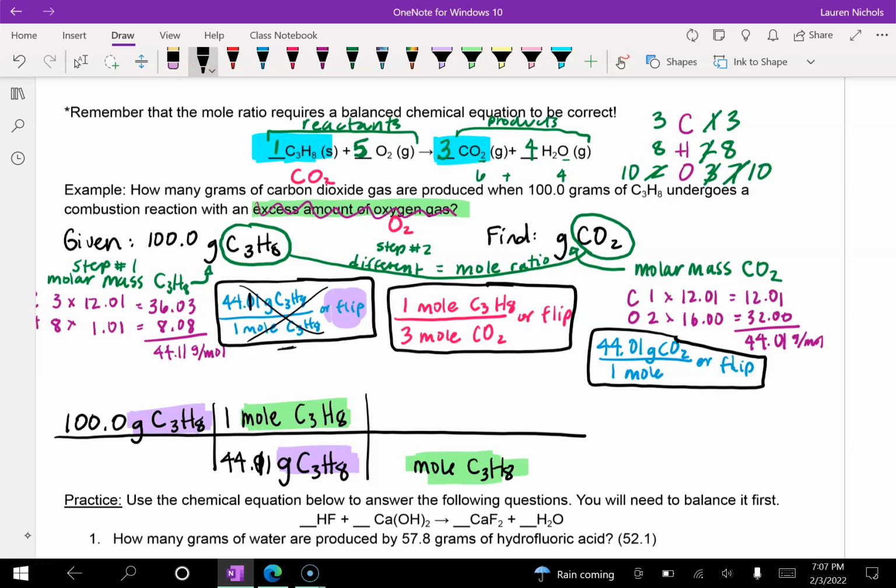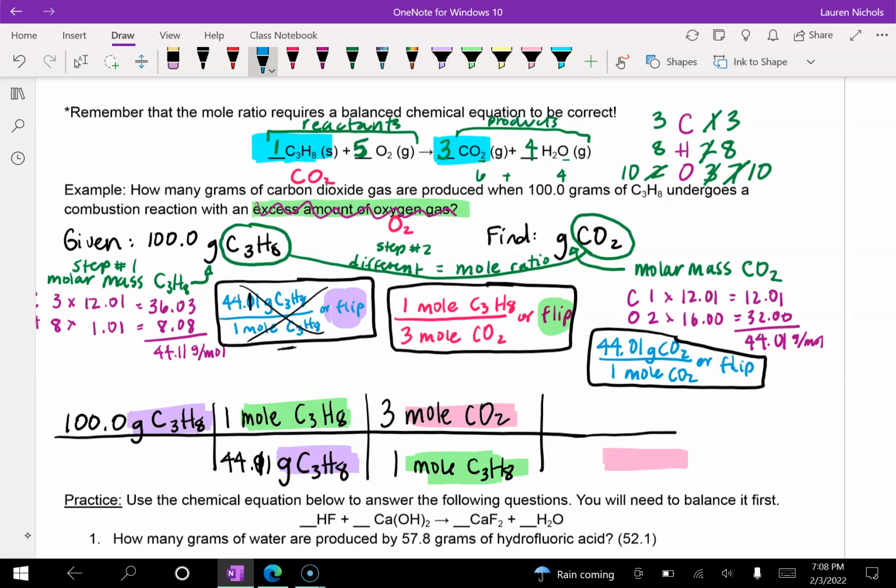So the only one remaining that has moles of C3H8 in it is our mole ratio, and we're going to have to flip it because it was at the top. So we're going to have 1 mole of C3H8 at the bottom and 3 moles of carbon dioxide at the top. Now, we're getting closer to our final answer because we do want carbon dioxide, but we want grams of it. So we're going to have to do a third and final step, and we're going to have to cancel out our moles of carbon dioxide. So it has to be at the bottom.